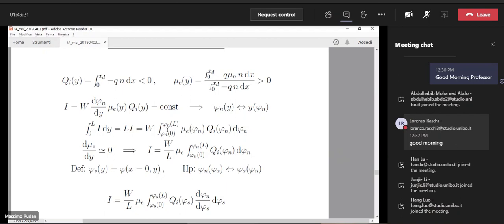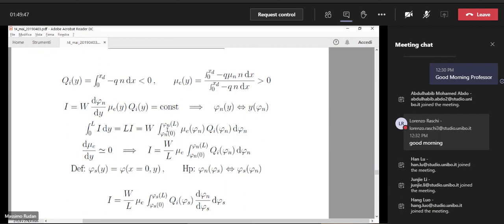It is I equal to the ratio W over L times the mobility times the integral of the inversion charge per unit area integrated over phi n along the channel, okay?